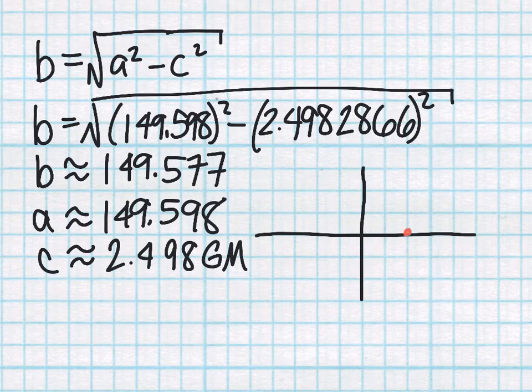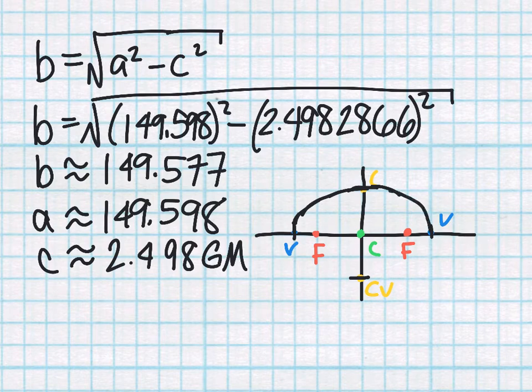It's got foci. It's got a center. It's got endpoints, vertices, co-vertices, and then I can kind of sketch it in. It's always 90 degrees at the vertices and co-vertices, and then scoops around.